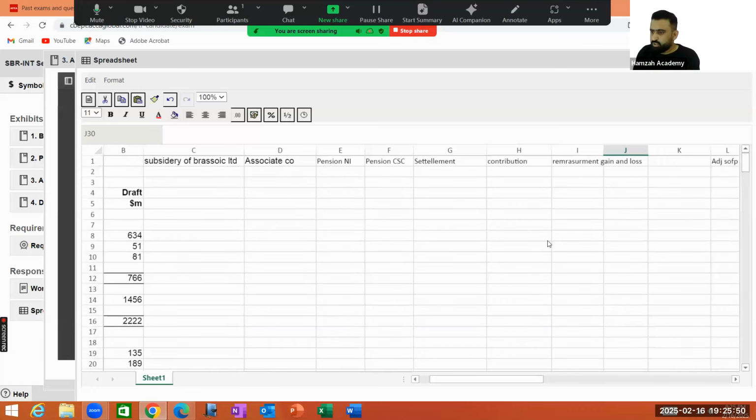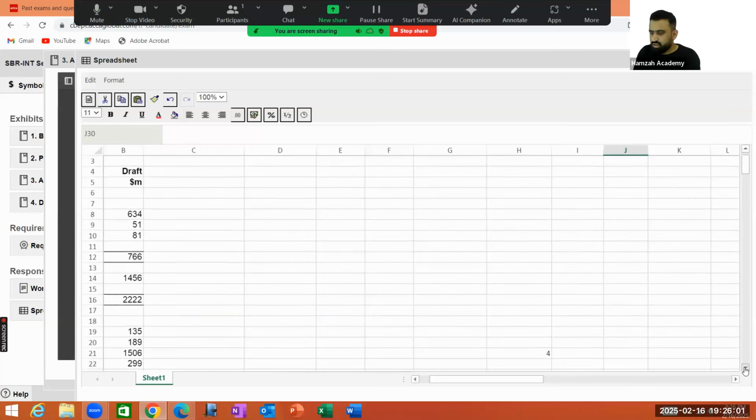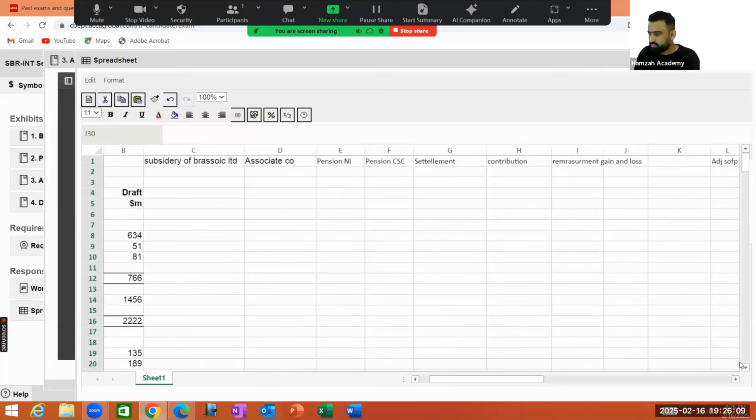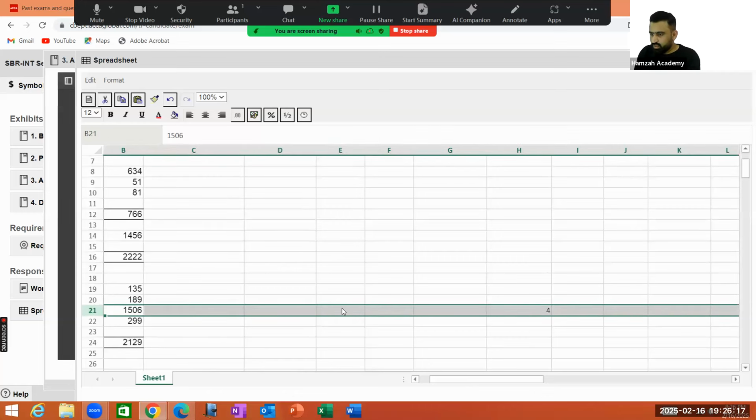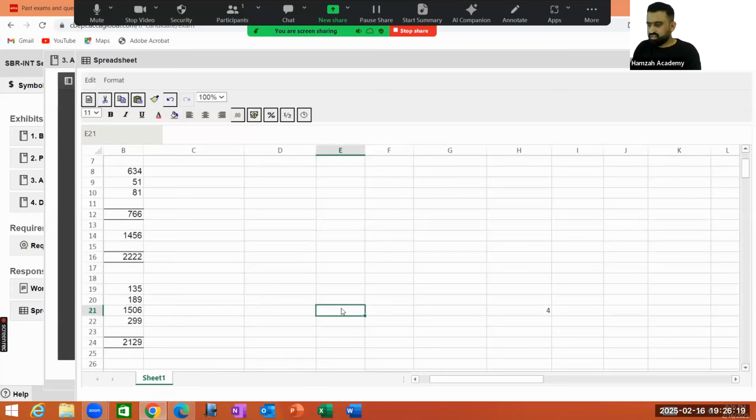The other thing which we need to adjust here is the net interest, current service cost, and the settlement. Now come here again. The retained earnings are in 21. So we have a net interest of 24 into 5%, which is 1.2.